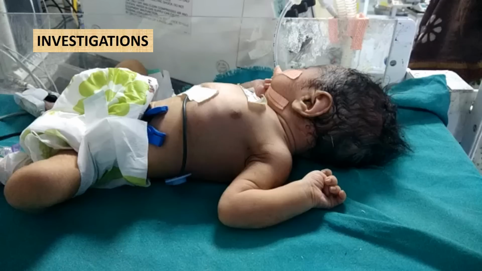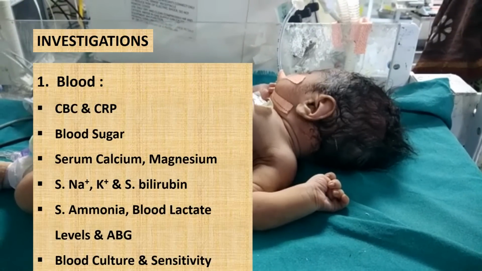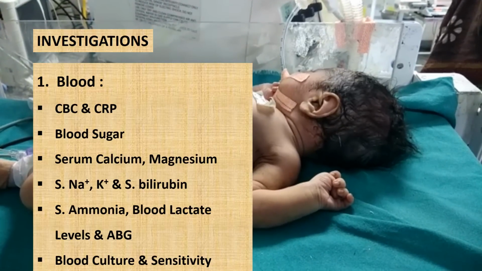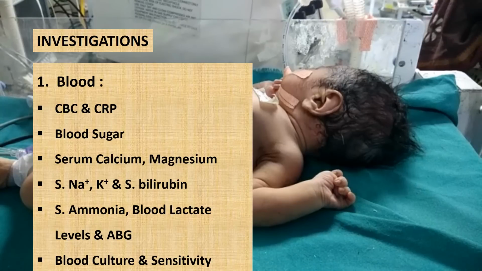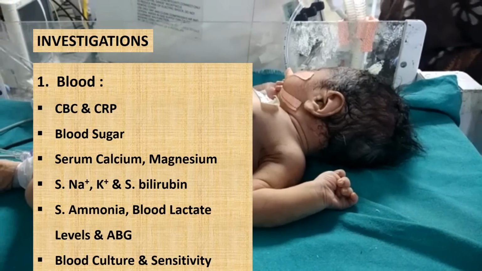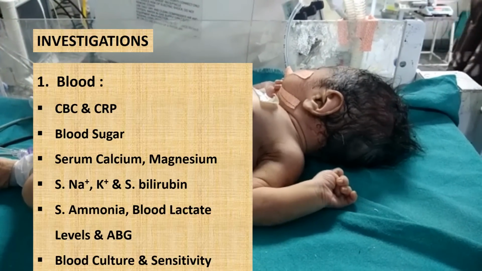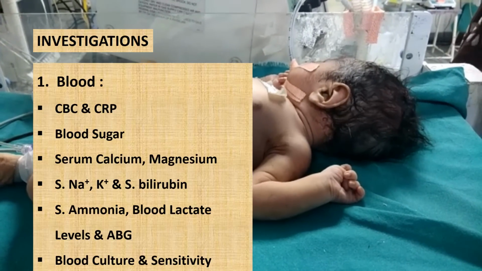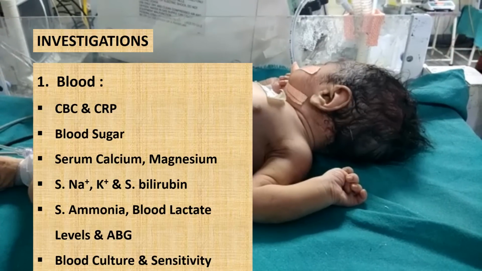Investigations for neonatal seizures are blood investigations: complete blood count and C-reactive protein to rule out infection in the newborn, blood sugar to rule out hypoglycemia, serum calcium and magnesium level for hypocalcemic and hypomagnesemic seizures, serum sodium because hyponatremia and hypernatremia both can lead to seizures, potassium, serum bilirubin. In kernicterus also the newborn can develop seizures.